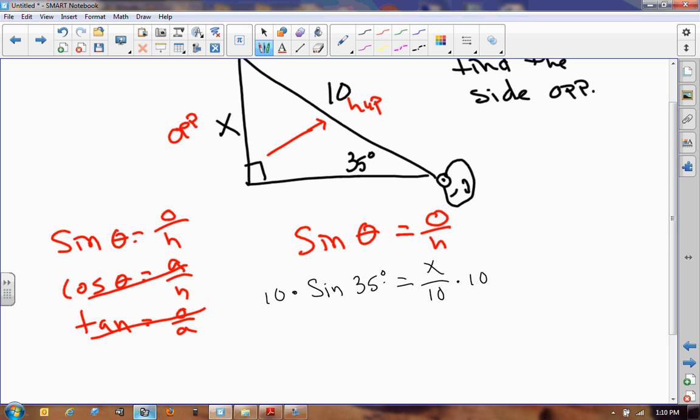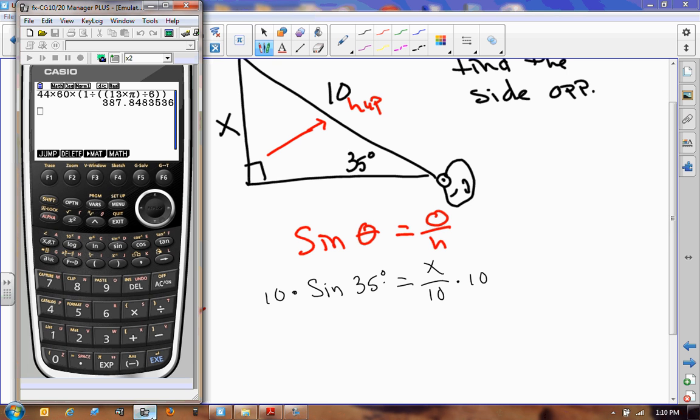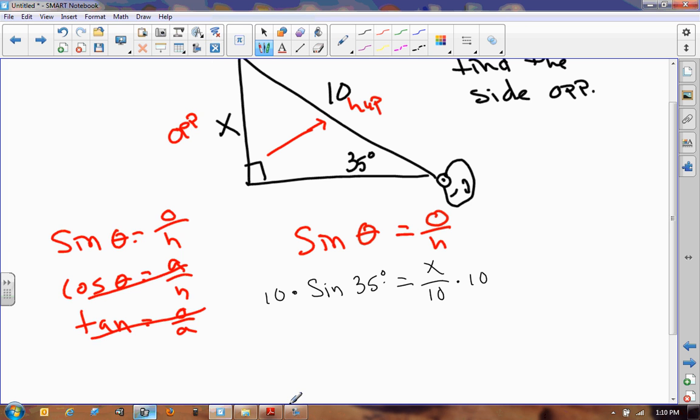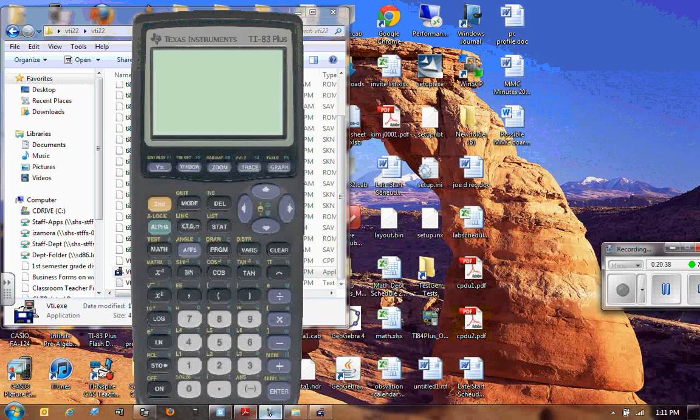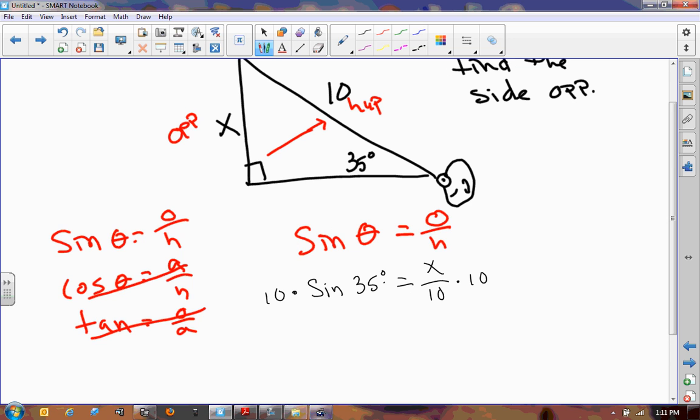So let's use some calculator here. The only thing you got to check for your calculator is make sure you're in degree mode. If you're in your TI, make sure your mode is degrees. Let me pull up my TI, so let me pause for a second. All right, I've pulled up my TI calculator here.